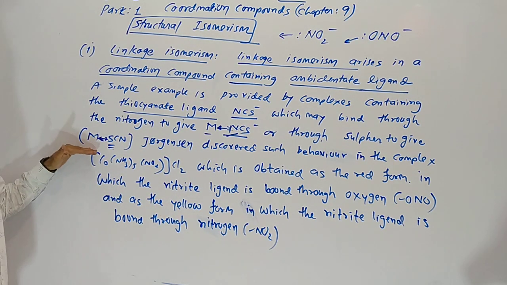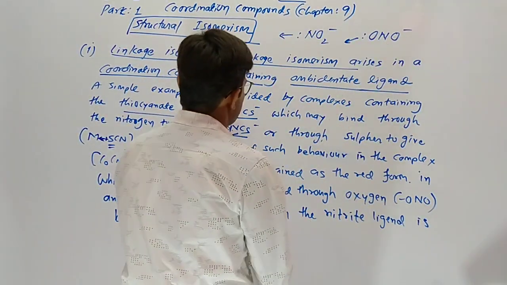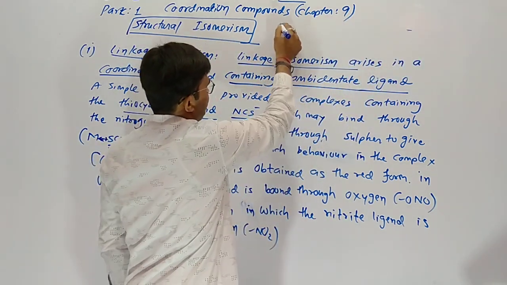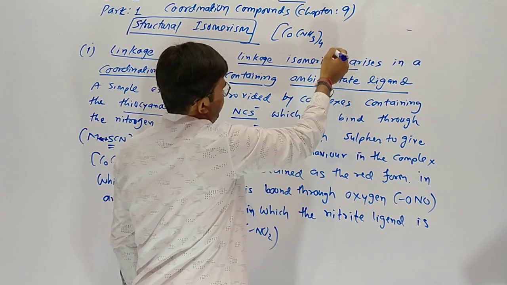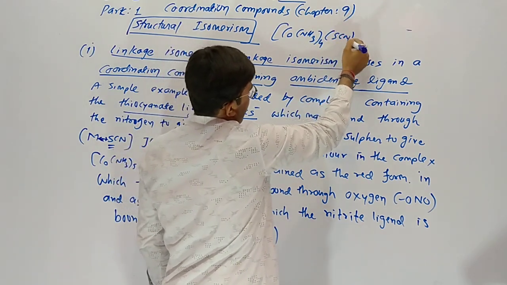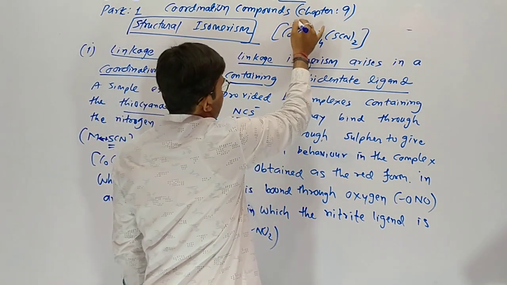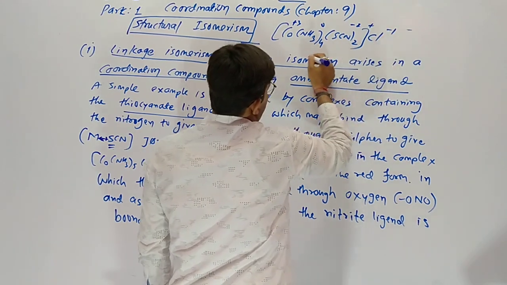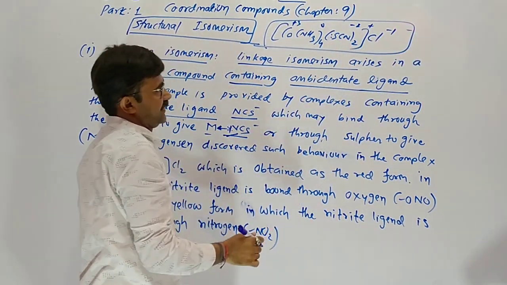Now second example before first. Suppose compound is given like this: [Co(NH3)5(SCN)]2+. Understood? Here sulfur is donating electron pair.